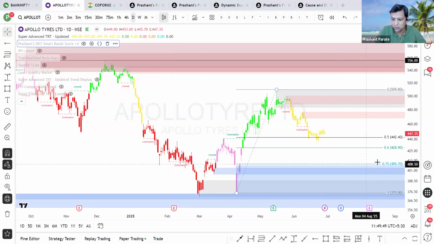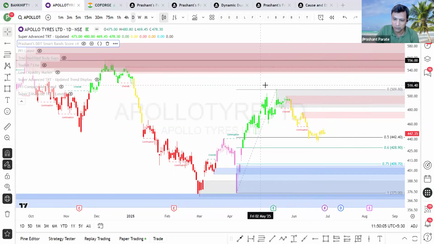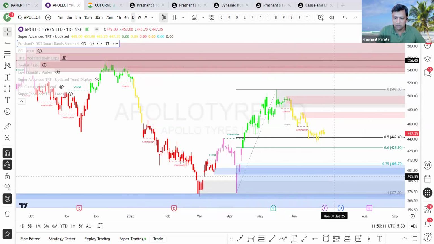Or else if it comes to 75% retracement, because there are two continuations and selling gaps are appearing, then I will wait for deeper retracement, either 75% or in the buying area, and then I will buy with more confidence, because my stop loss will be smaller and my first target will be giving me good risk reward opportunity. So this is buy on retracement for now.